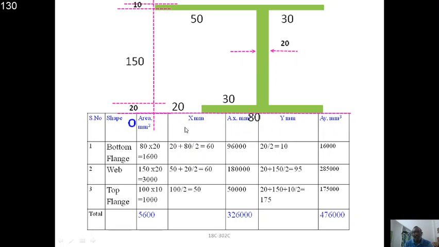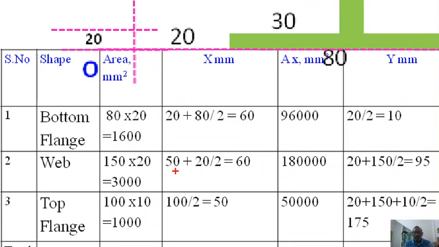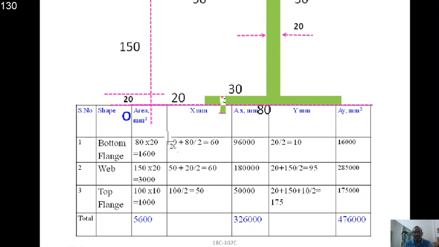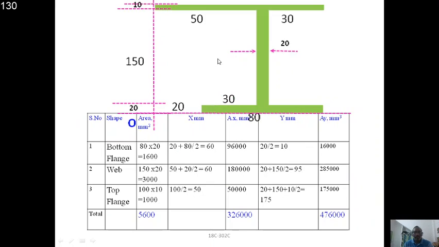Similarly for the web portion, it will be 50 plus, because this distance is 50. So from this point up to the web portion it is 50 plus 20 by 2, that is 60.